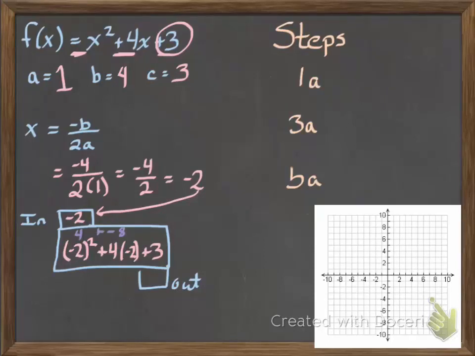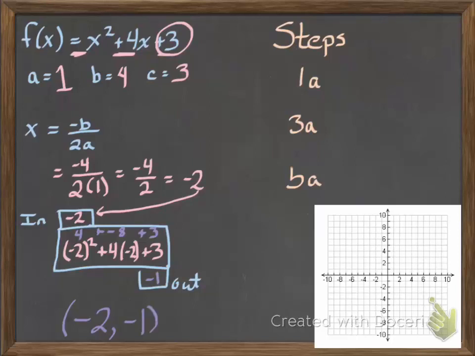So 4 minus 8 is negative 4. Negative 4 plus 3 is going to give us negative 1. So our output is negative 1. So that means our vertex is going to be located at negative 2, negative 1.